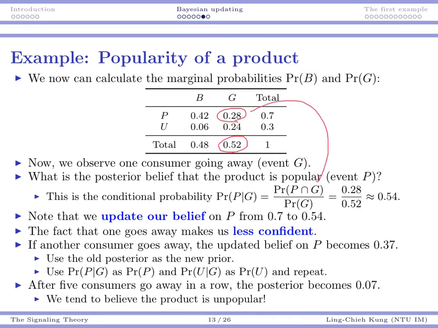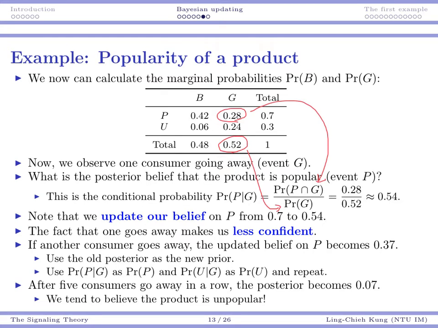28% is the probability that this product is popular and this product is sold. 52% is the probability that this product is not sold. Okay, so this is the very basic conditional probability formula, right?